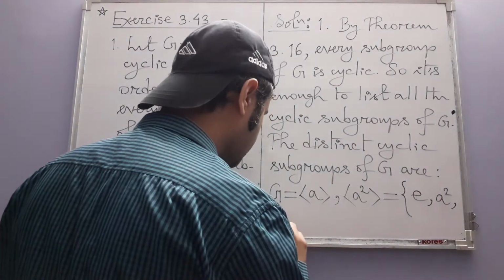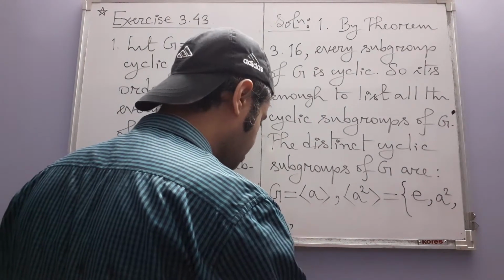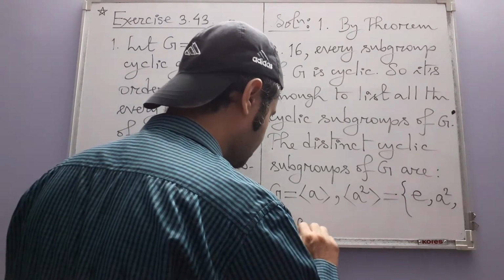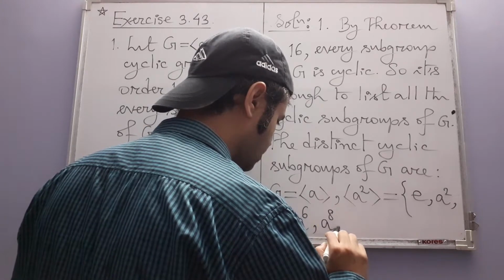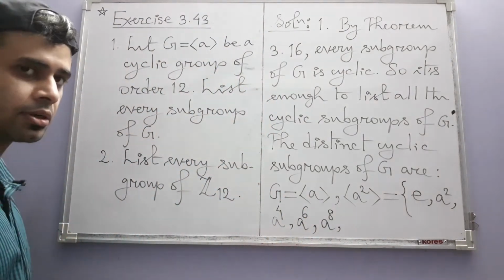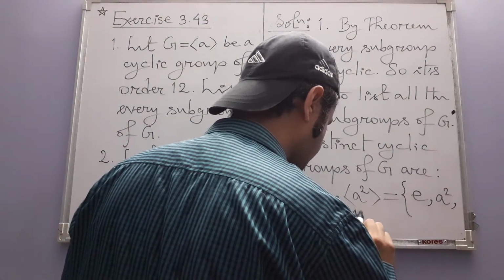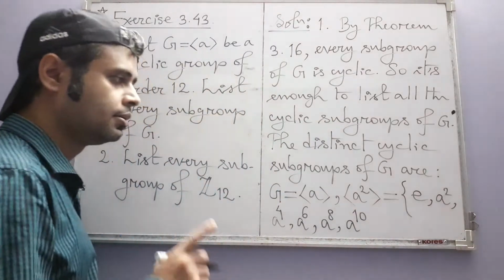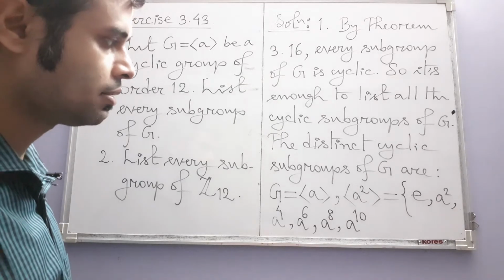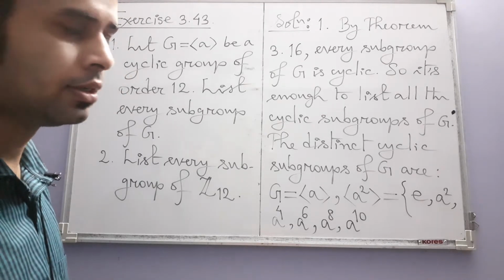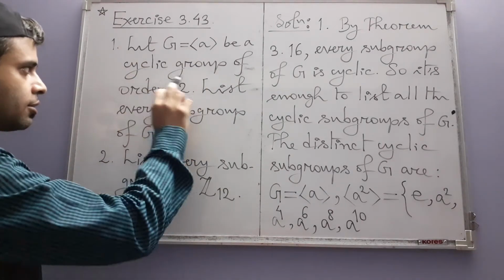So we have A squared, then the square of A squared, that is A to the power 4, then the cube of A squared, that is A to the power 6, then A to the power 8, then A to the power 10, and then the sixth power of A squared becomes A to the power 12, which is equal to E. That is because G has generator A and the order of G is 12.